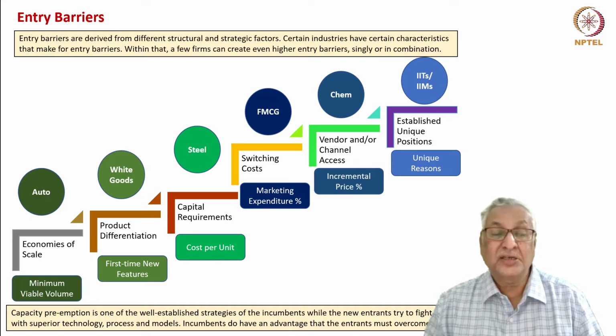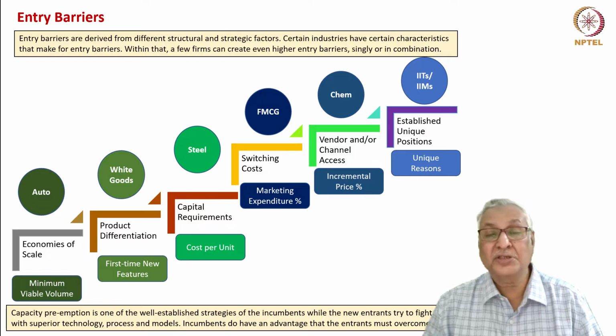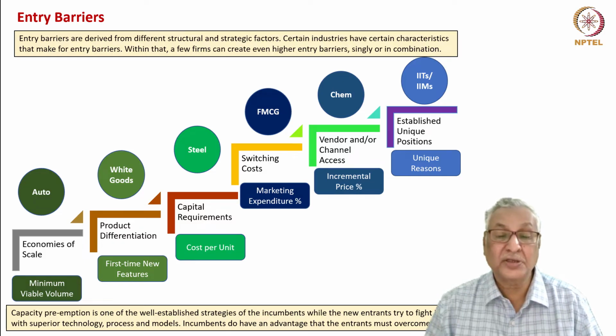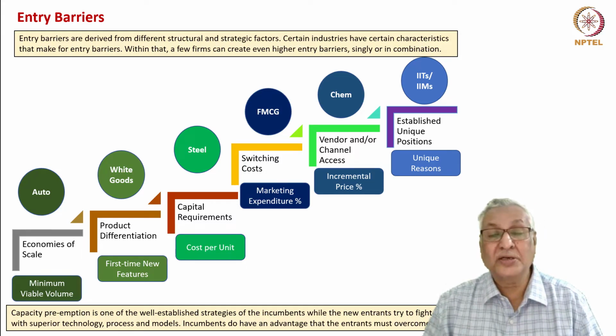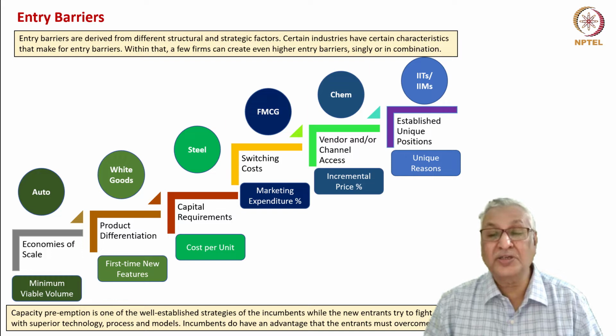In respect of steel, the capital requirements are the entry barrier. Steel manufacture is a highly capital intensive activity. The cost per unit of steel making is the entry barrier. So not every company can enter the steel industry. It is similar in respect of the cement industry as well. The capital expenditure per unit of steel production is important in steel industry.